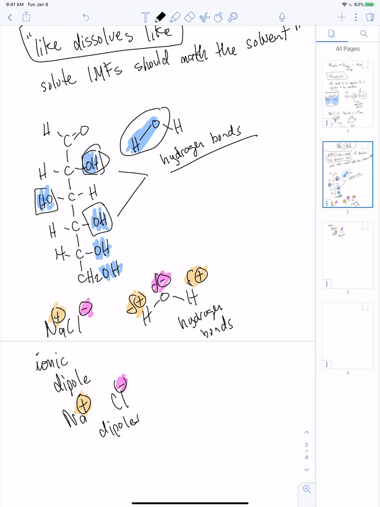And if this like dissolves like thing is true, then you would predict that glucose would be more soluble in water than sodium chloride is, and your prediction would be correct. And so it just kind of shows the power of this like dissolves like thing. Because the better the solvent and the solute match in terms of their IMFs, the more soluble the solute will be inside of the solvent.